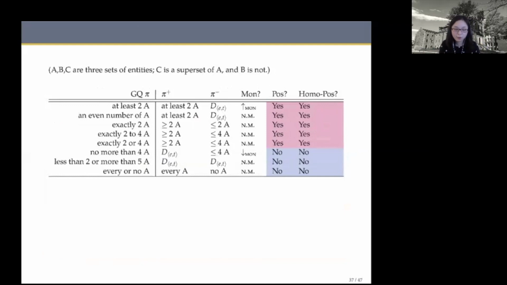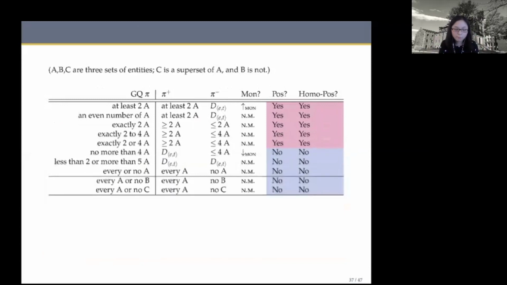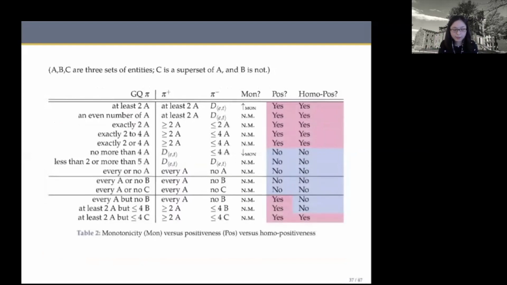You can see that for all the simplex quantifiers, that can be decomposed into a determiner and a set of entities, whether they are positive and whether they are homogeneously positive, the pattern is the same. While for a complex quantifier, there will be distinctions. In particular, every A but no B is positive, but is not homogeneously positive.